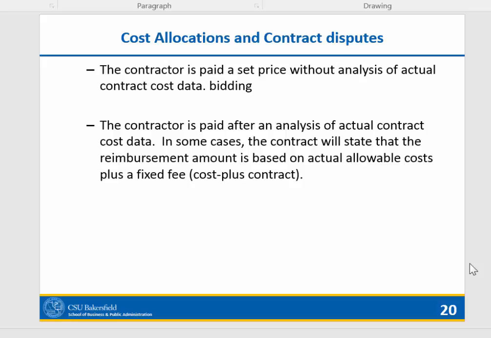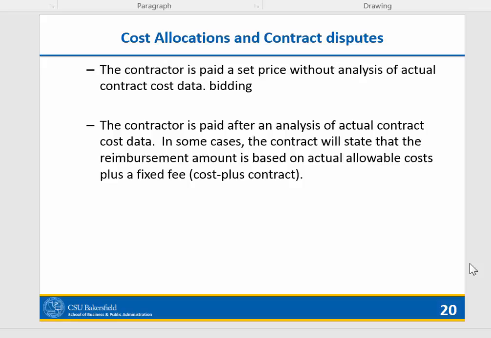The next one is that the contractor can also be paid after analysis of actual contract cost data. In that case, this is more government oriented. For example, the Department of Defense wants to come up with some nice weapon, and there are a few companies like Boeing and maybe Lockheed Martin.